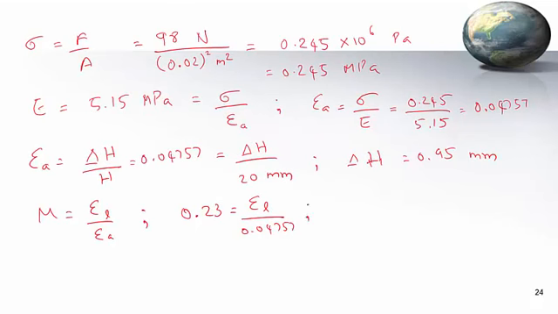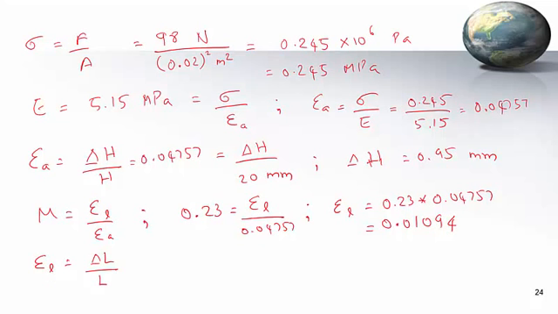Therefore, the lateral strain is equal to 0.23 times 0.04757, which is 0.01094. The lateral strain is delta L by L in the lateral direction, so delta L by 20 equals 0.01094. Therefore, delta L equals 0.22 millimeter.